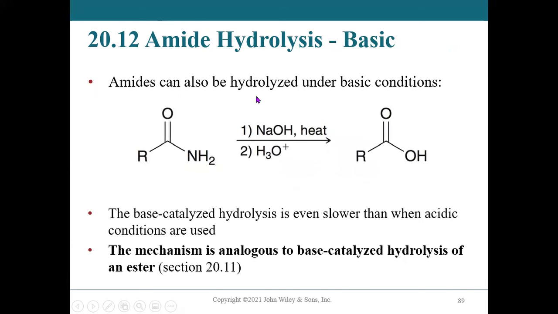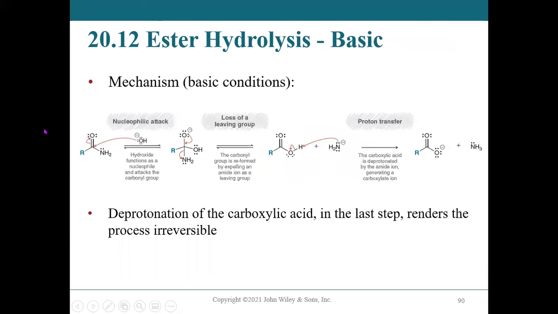Amide can also be hydrolyzed under basic condition. And here under basic condition, we have, for example, sodium hydroxide with heat, then work up to produce acid. The base catalyzed hydrolysis is even slower than when acid conditions are used. The mechanism is analogous to base catalyzed hydrolysis of an ester.